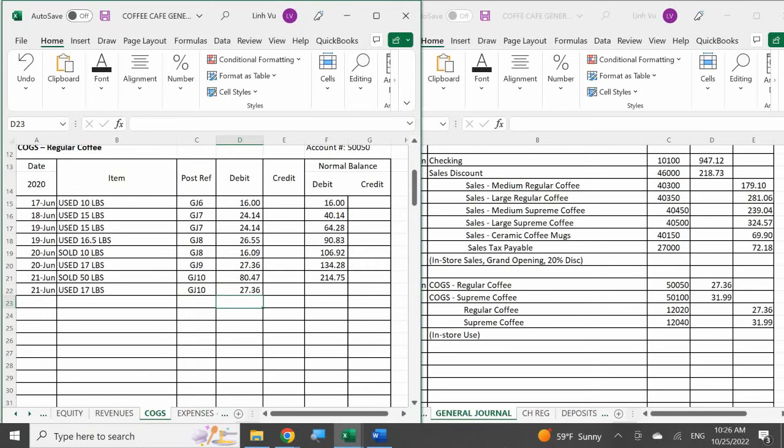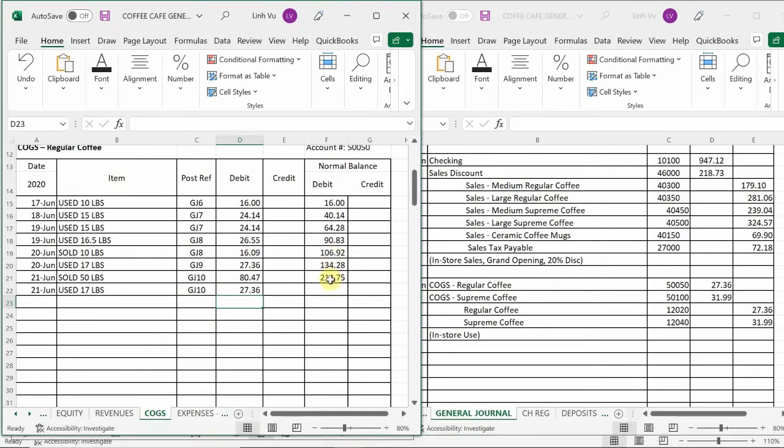And that's going to give you 242.11. Okay, 242.11, good.